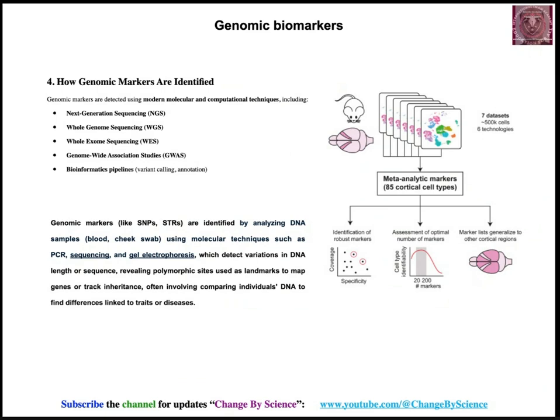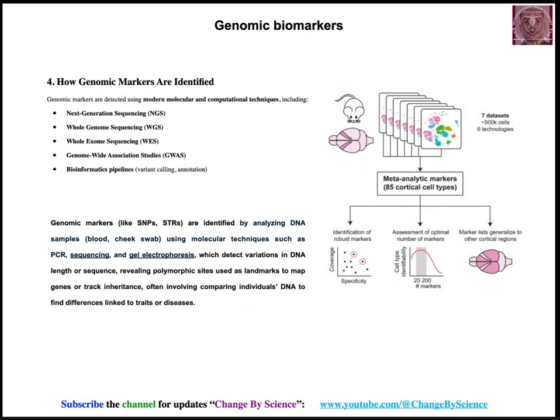genomic markers. Now, you need to understand that genomic markers are identified by analyzing DNA samples. From where? It could be from blood or swab or somewhere else, depending on your target.